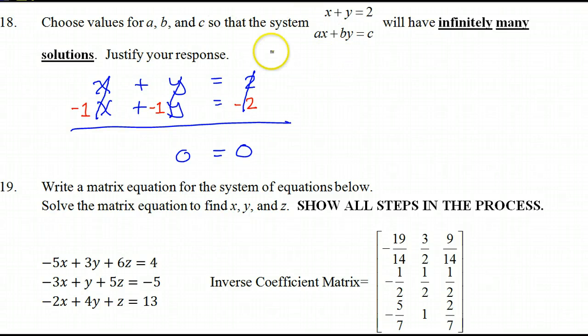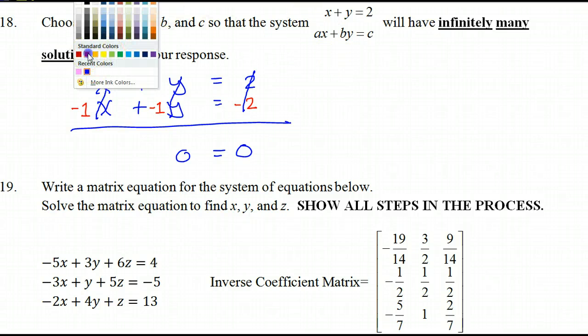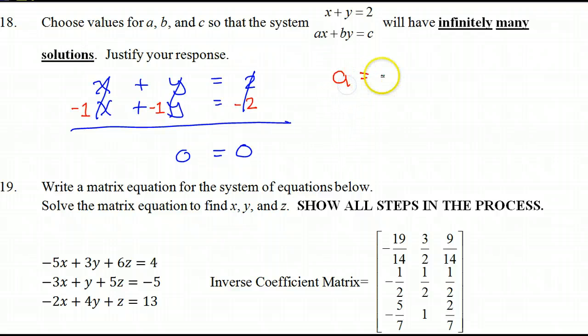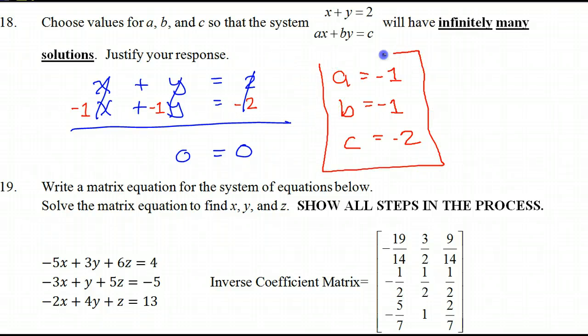Which is why the final answer is A equals negative 1, B equals negative 1, and C equals negative 2. Those are the values that we would need to cancel everything out, get 0 equals 0, meaning infinitely many solutions.